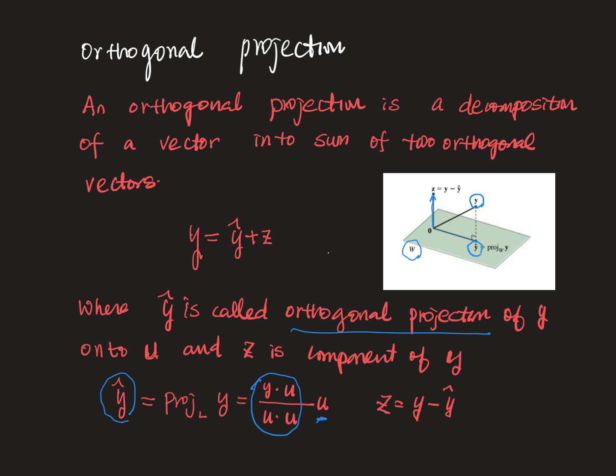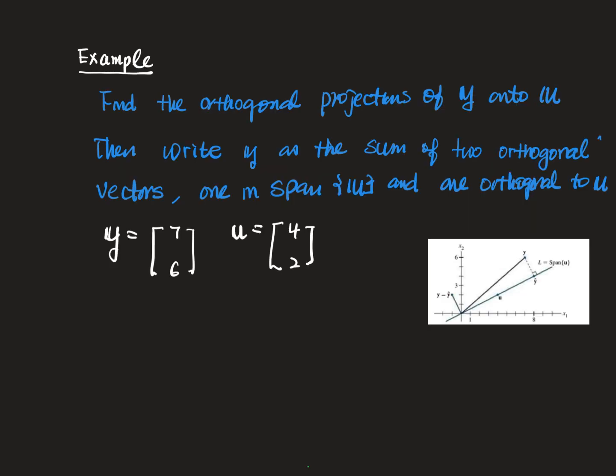So I'll give an example. When you're given the y vector, we're going to find two orthogonal vectors. The sum of the two orthogonal vectors is going to be y. How can we find the projection of y onto the u vector? They give the u vector right there. So here is the y vector, and the line is the span of the u vector.